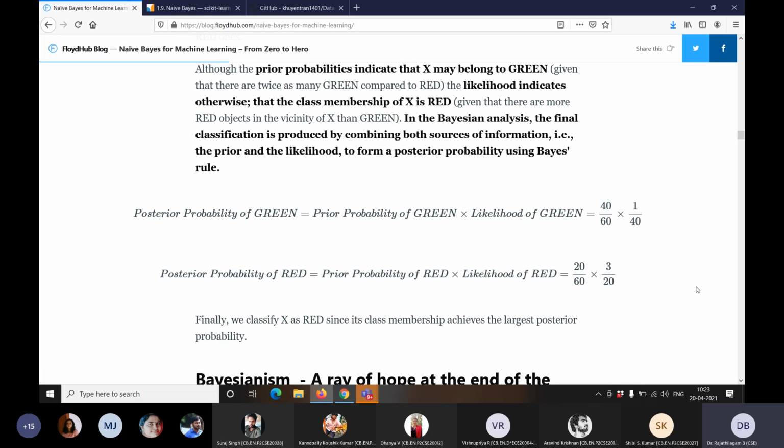Is the posterior probability of green higher or the posterior probability of red higher? 40 by 60 into 1 by 40 is simply 1 by 60. 20 by 60 into 3 by 20 is 3 by 60. 1 by 60 and 3 by 60. Naturally, the posterior probability of red is higher. Therefore, the new point is classified as red, since that class has the largest posterior probability. Is this calculation understood?